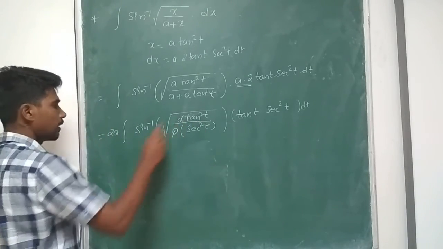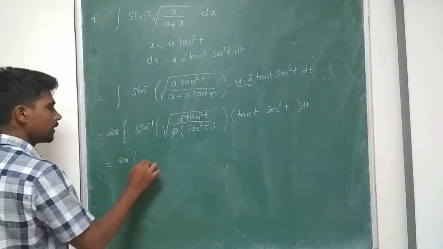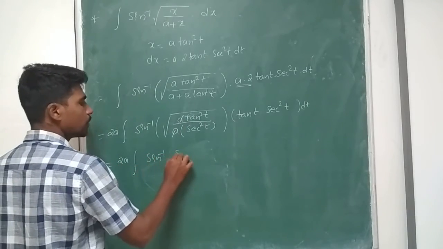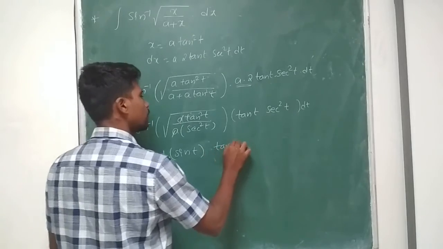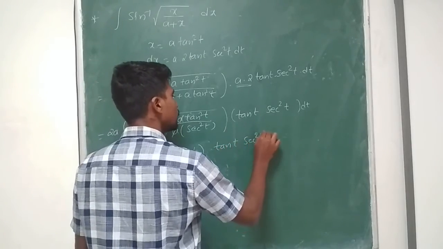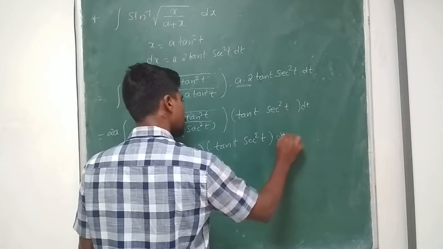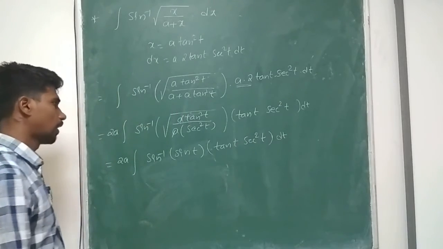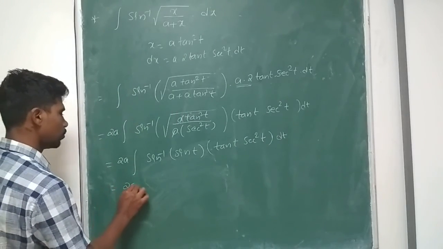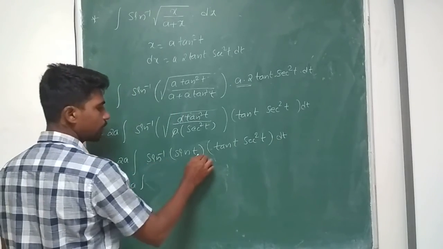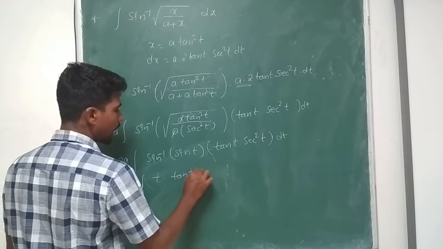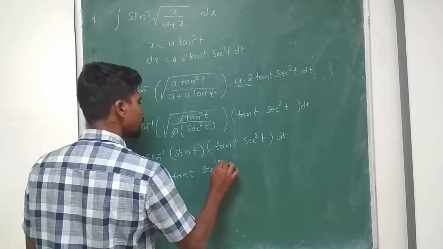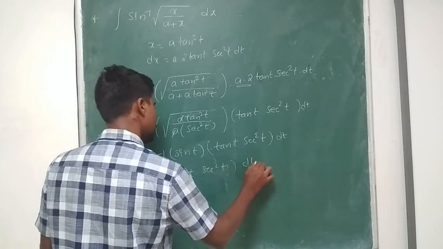So this entire thing can be rewritten as 2a integral sin inverse of sin t into tan t into secant square t dt. Now 2a integral sin inverse of sin t is t. The next one, tan t into secant square t dt.